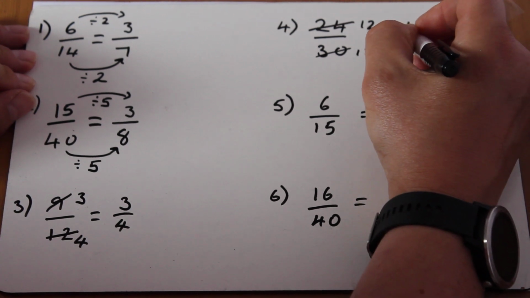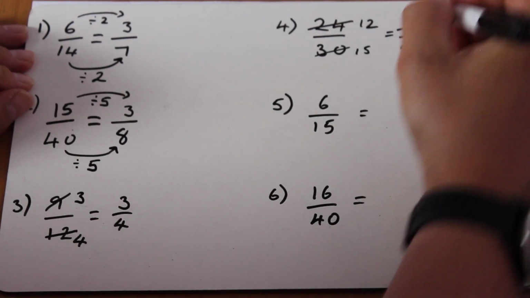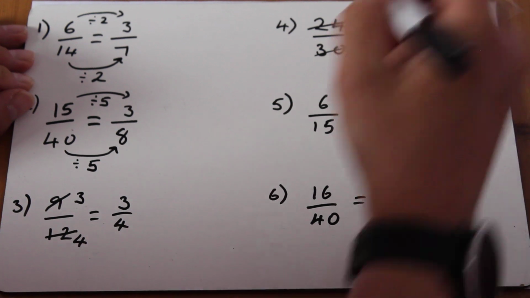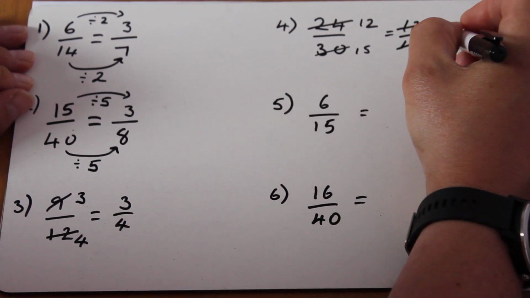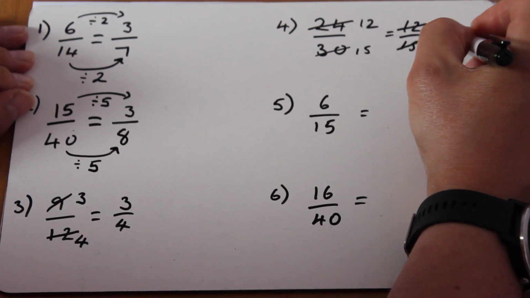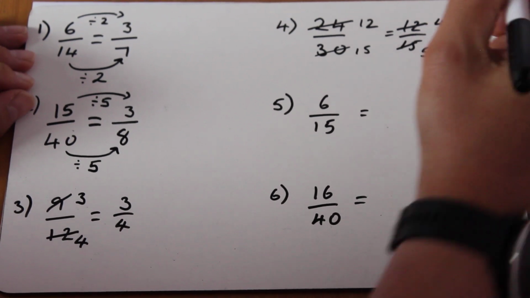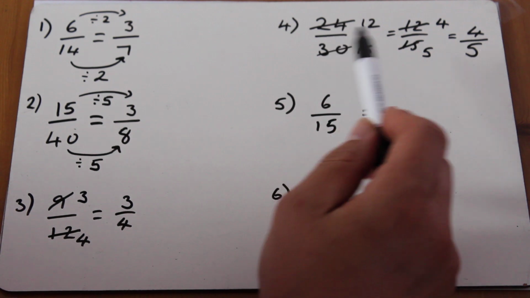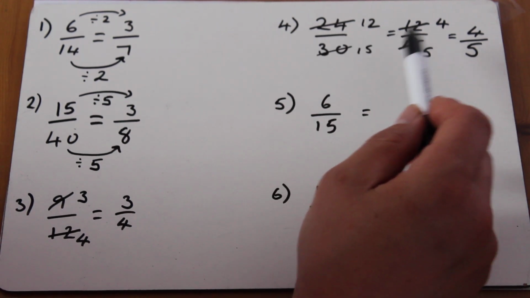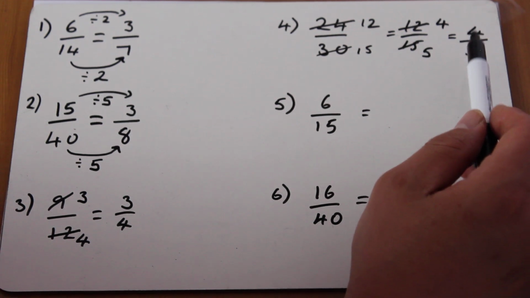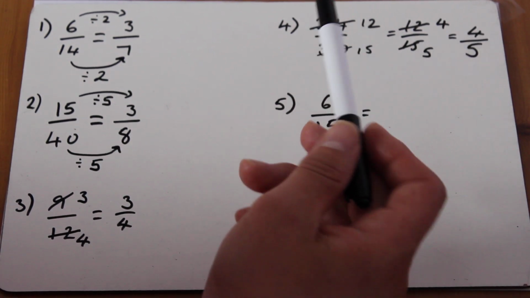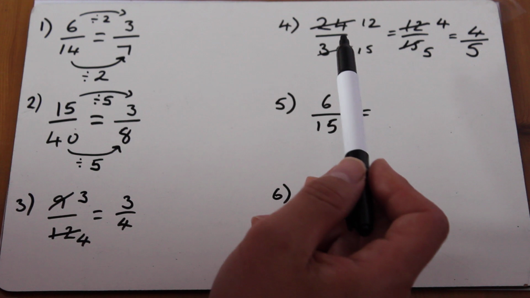So 3 goes into 12 4 times, and 3 goes into 15 5 times. So that gives me an answer of 4/5. So that shows it doesn't matter how many stages you take, you can still end up with the same answer. It's just sometimes quicker if you can spot the biggest number first of all.